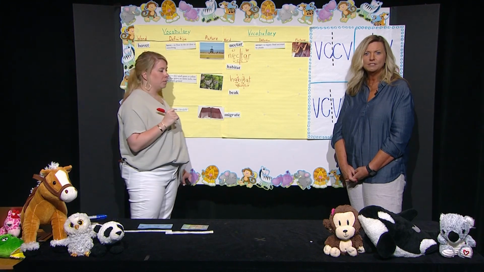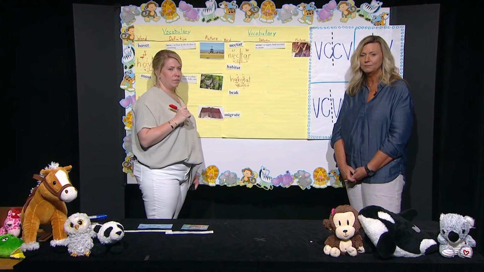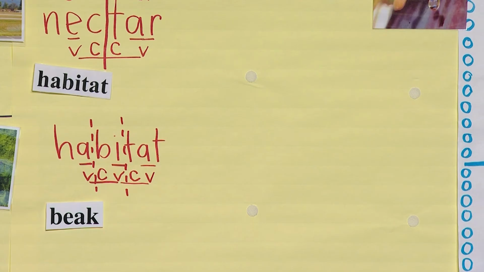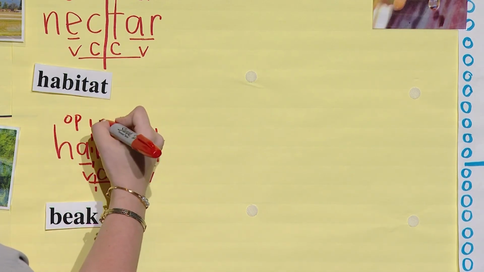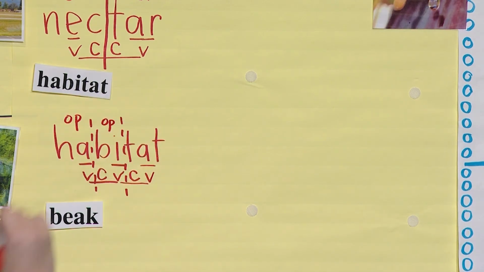What do you notice about our first and second syllables? Awesome. Since they both end in single vowels, we will label them with an OP. What sound will each vowel make when we attempt to blend this word? That's right.